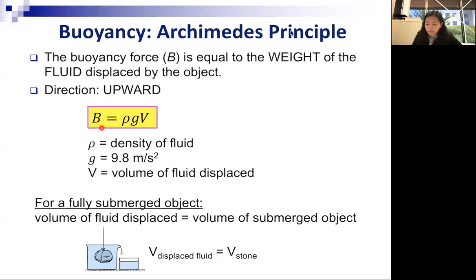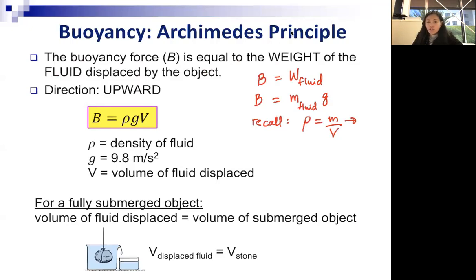So buoyancy force is equal to the weight of the fluid. Weight is equal to the mass of the fluid times the gravitational acceleration, which is constant. And if you recall the definition for density, density is equal to mass per unit volume.